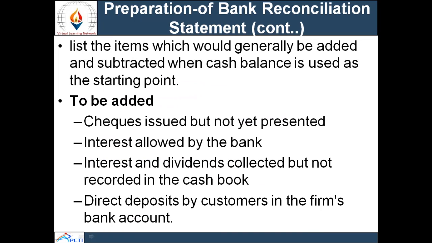Preparation of bank reconciliation statement. List the items which would generally be added and subtracted when the cash book balance is used as the starting point. To be added: checks issued but not yet presented, interest allowed by the bank, interest and dividend collected but not recorded in the cash book, direct deposit by customer in the firm's bank account.